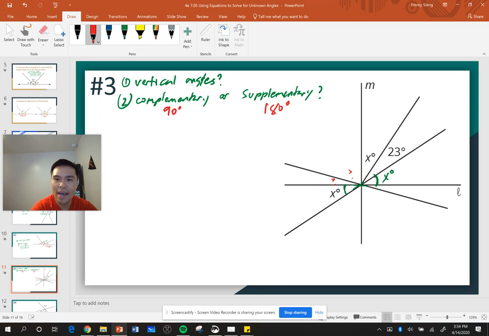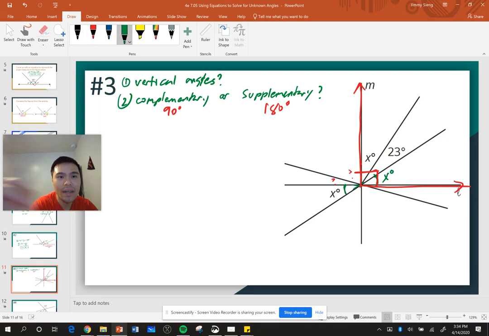But I can see that this in red, okay, that is actually creating that right angle. That's 90 degrees, right? So that can be supplementary or complementary. It's complementary, right? So complementary means that everything added together should equal 90 degrees, okay?